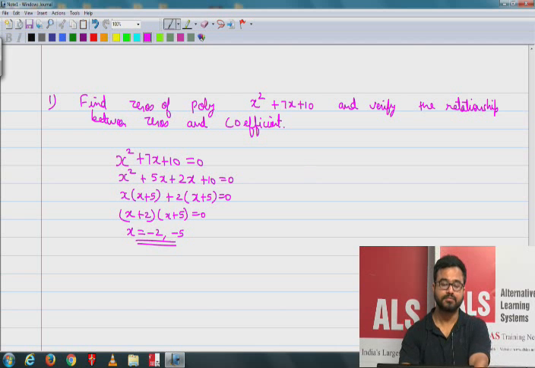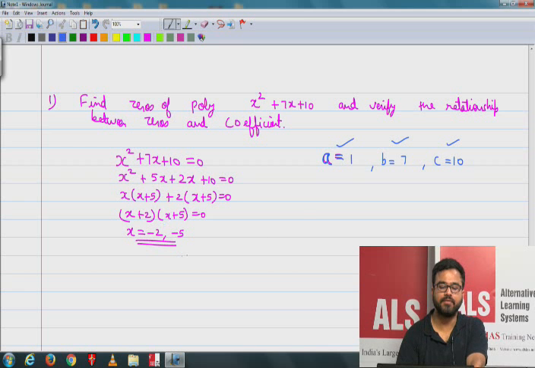If we talk about the coefficients, let's say I am denoting the polynomial as ax square plus bx plus c. So I can say the value of a here is 1, value of b is 7, and value of c is 10. These are the coefficients, and minus 2 and minus 5 are my zeros.